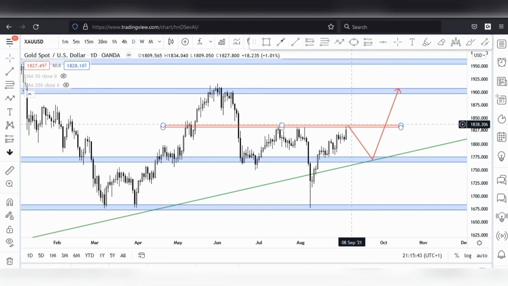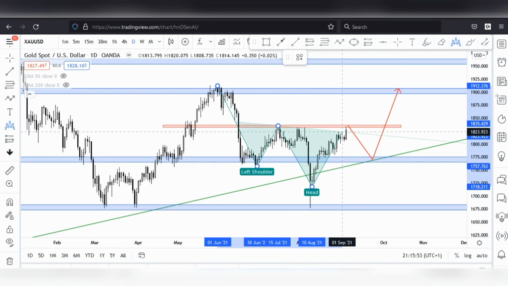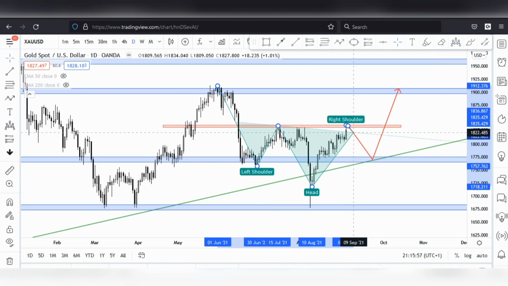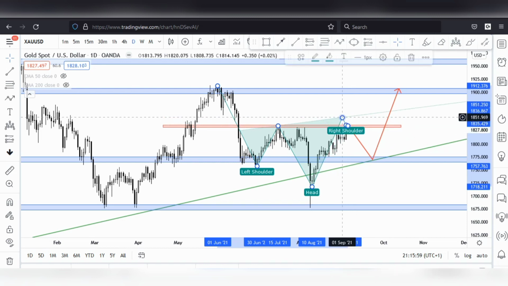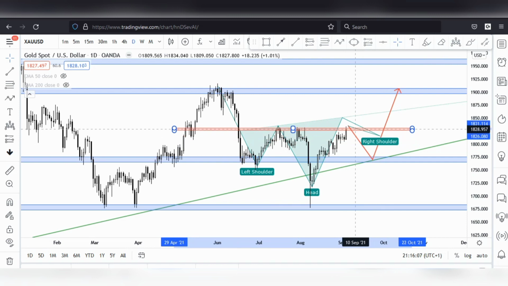Okay, if this happens, you can see that this eventually will give us an inverse head and shoulders pattern, which is what eventually we would want to see.